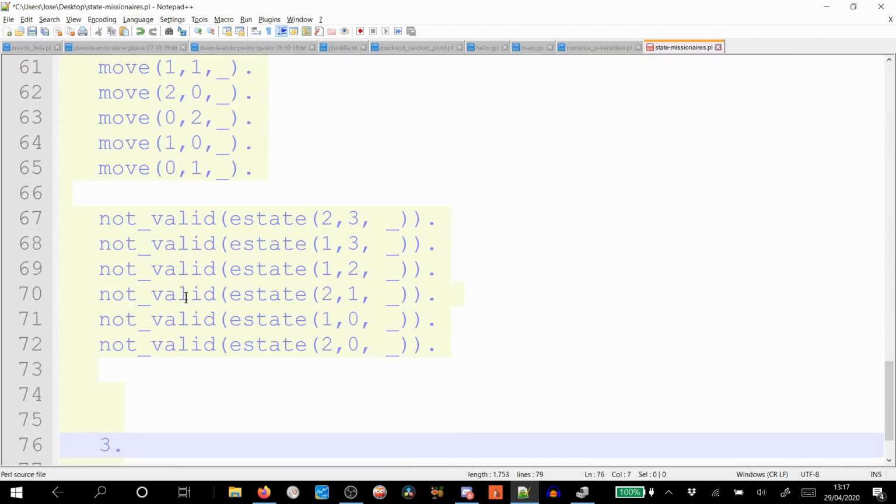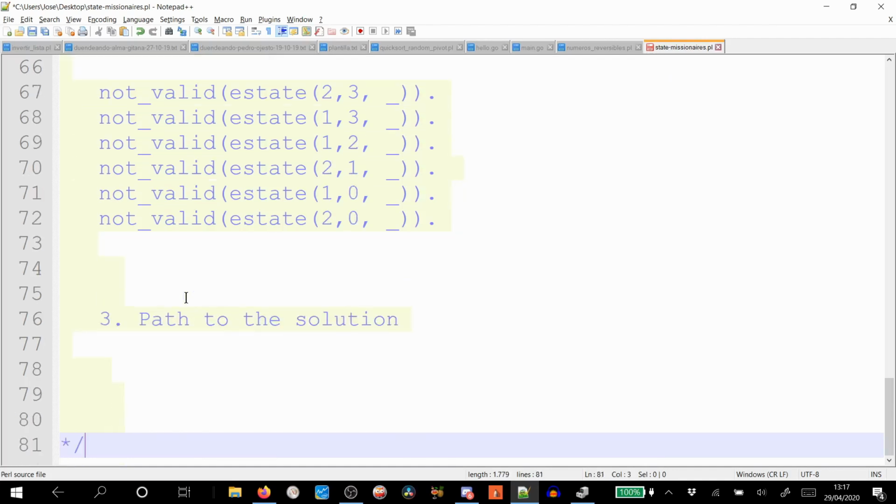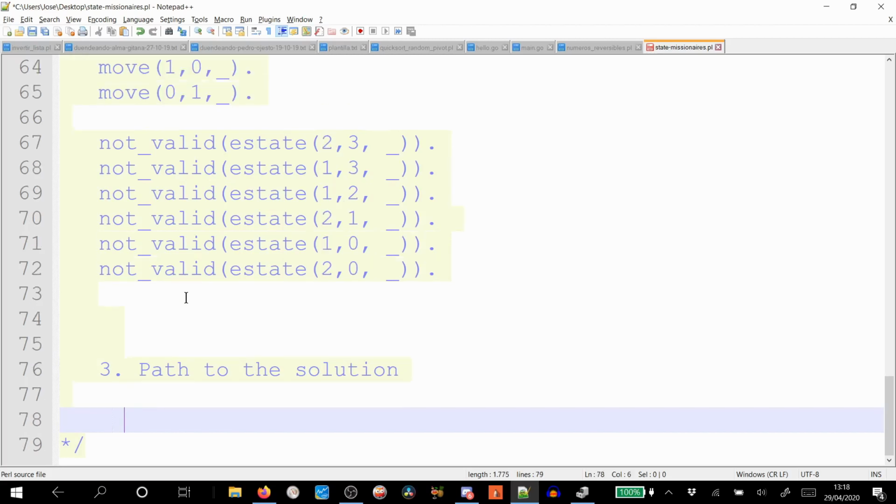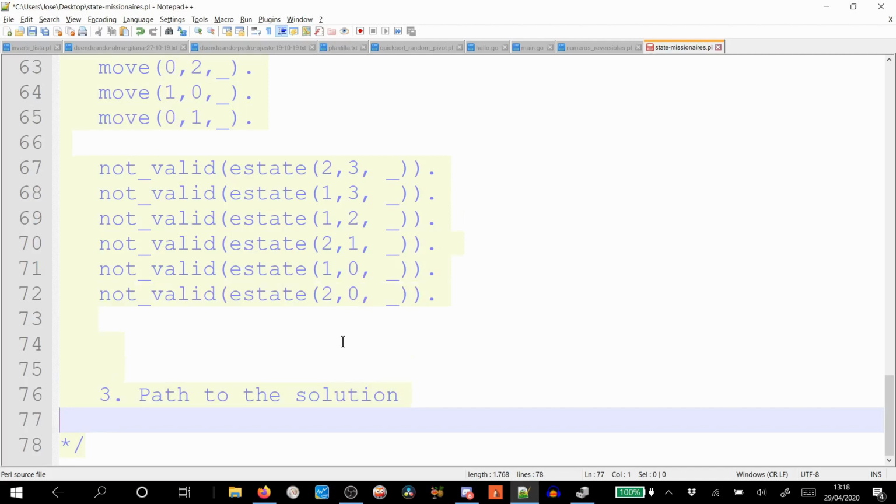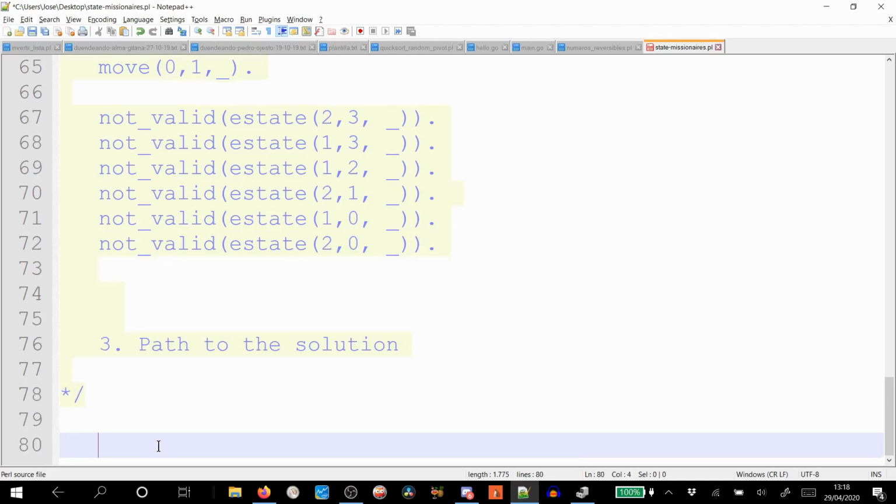The path to the solution. What is the simplest case for the path?